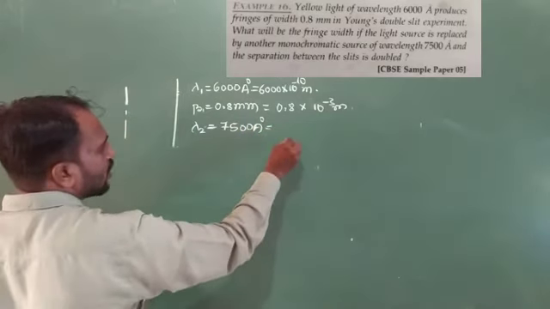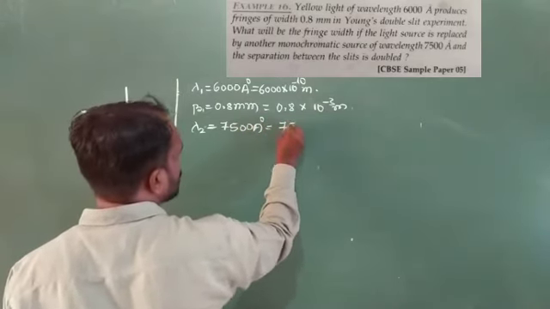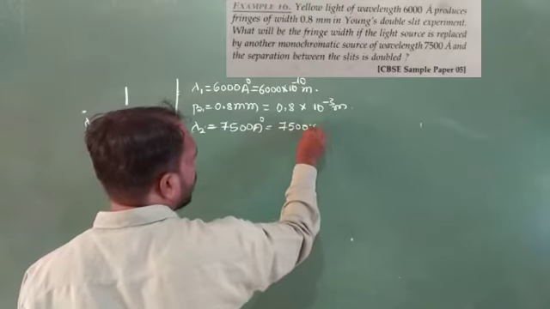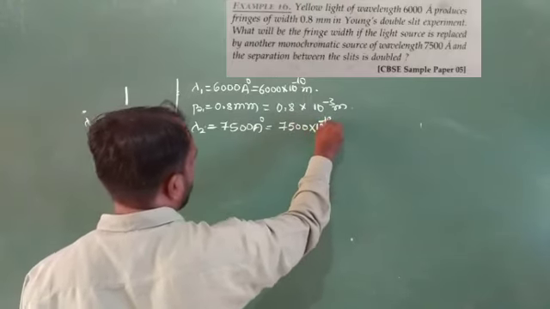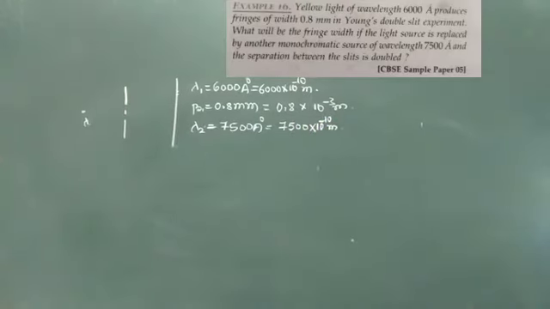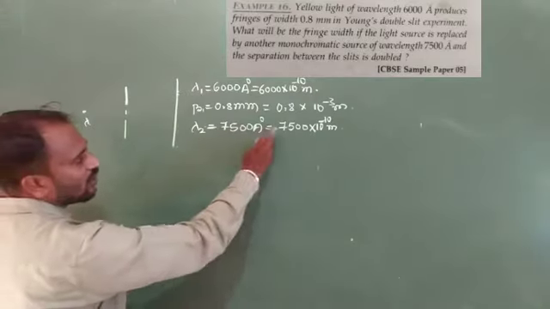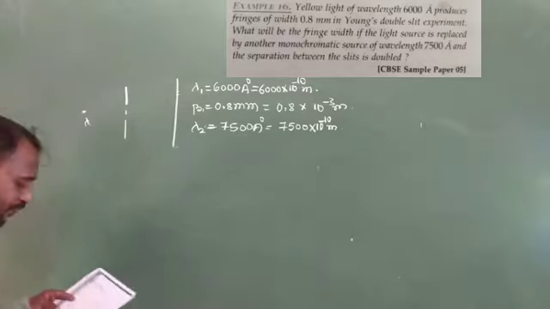So 7500 angstrom means 7500 into 10 power minus 10. So the wavelength of the second light, lambda 2, is 7500 angstrom.